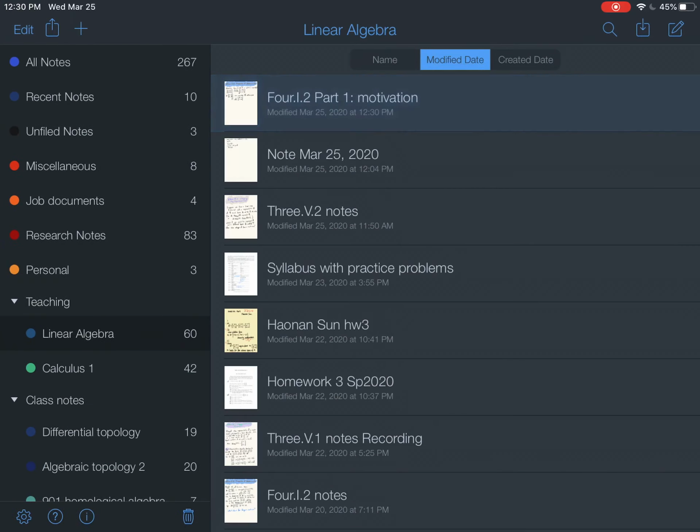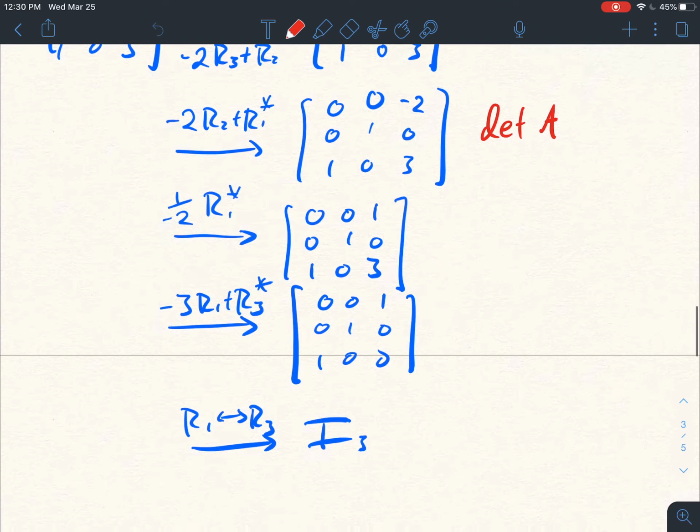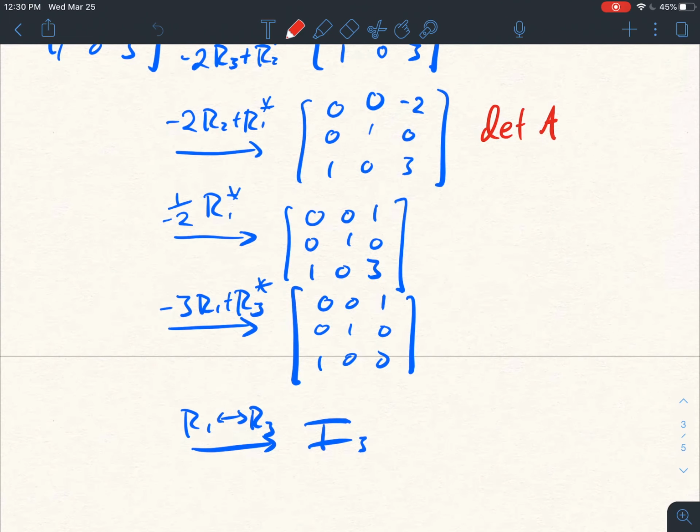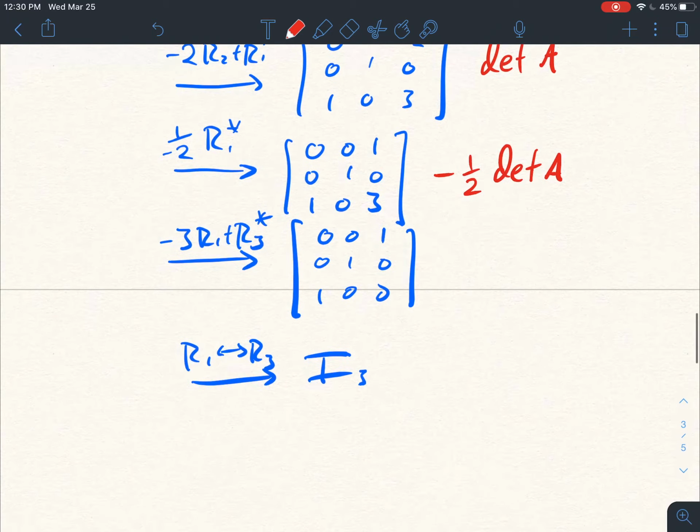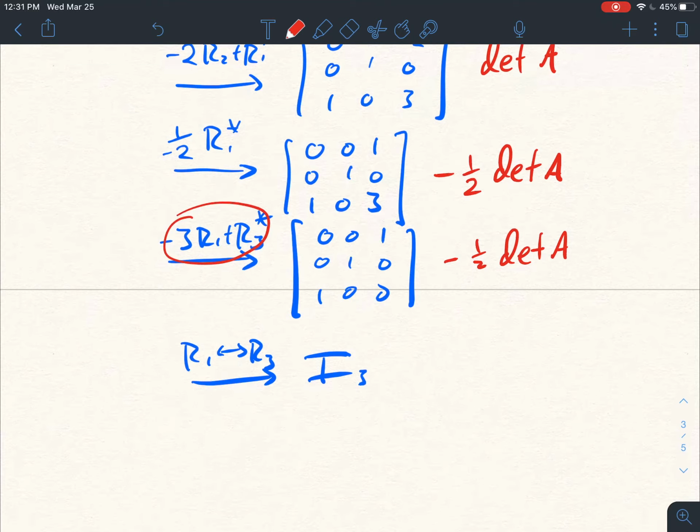And then I will multiply a row by -1/2, so my next determinant should be -1/2 times the previous determinant. Here, my determinant will be -1/2 times the determinant of A, because I'm not changing the determinant at all by doing this row operation.